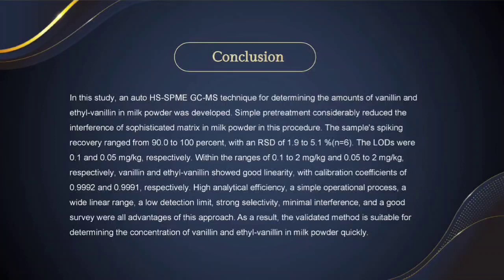In conclusion, in this study, an auto technique for determining the amount of vanillin and ethyl vanillin in milk powder was developed. Simple pre-treatment considerably reduced the interference of the sophisticated matrix in milk powder in this procedure. The sample spiking recovery ranged from 90 to 100% with an RSD of 1.9 to 5.1%.